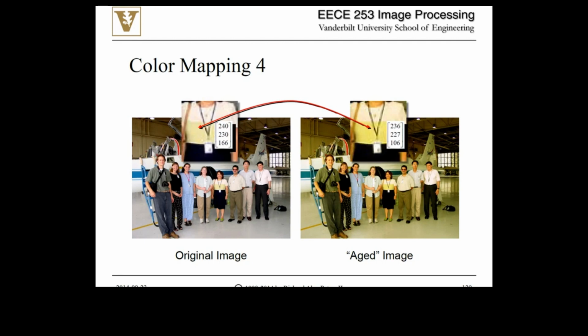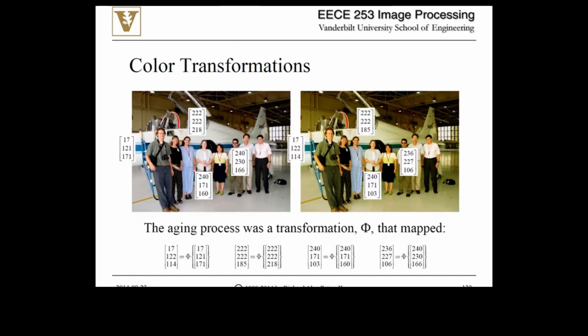This color here should be transformed to this color. So at the end, you have to look for a matrix such that when you apply this matrix to this point, you get this one. When you apply this matrix to this point, you get this one. Okay, so let's think of.